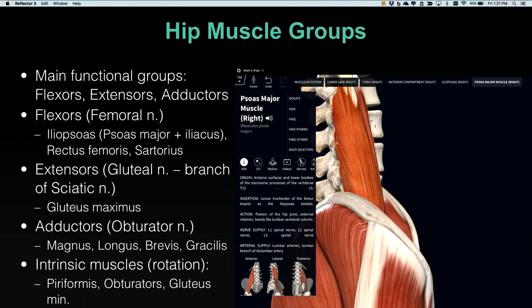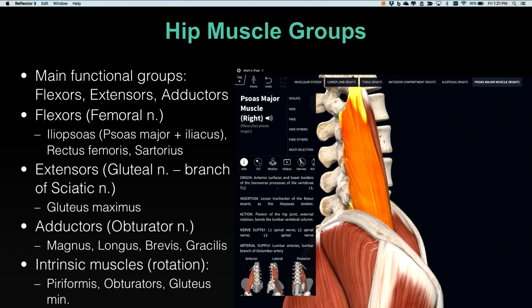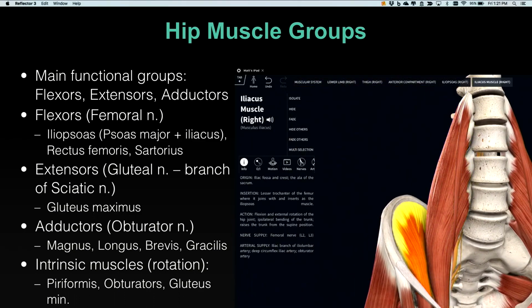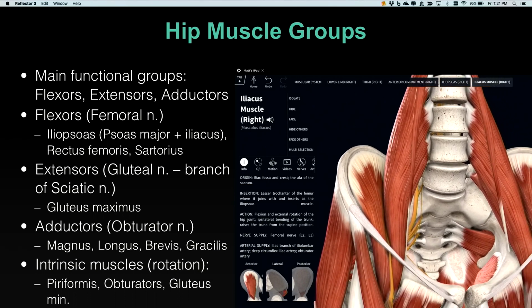Bodies and transverse processes of the lumbar vertebrae. That meets up with iliacus, and its name gives away a lot of its position, its origin. Iliacus originates along the iliac crest and the entire iliac fossa, the inner surface of the ilium.